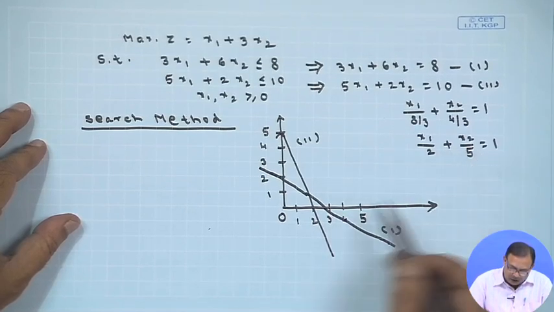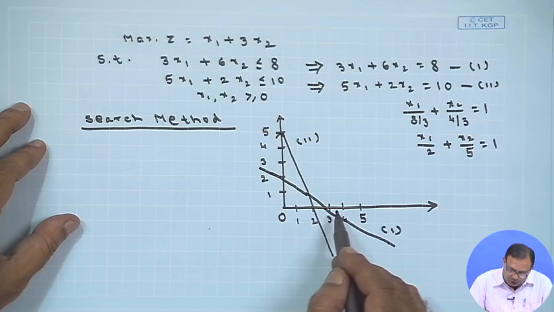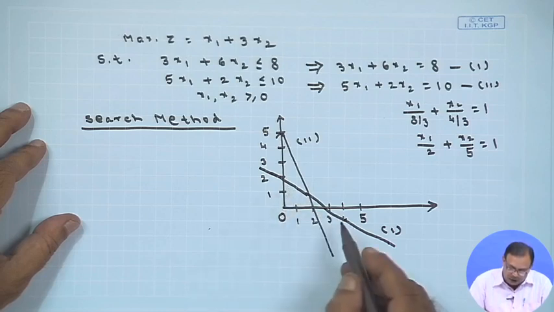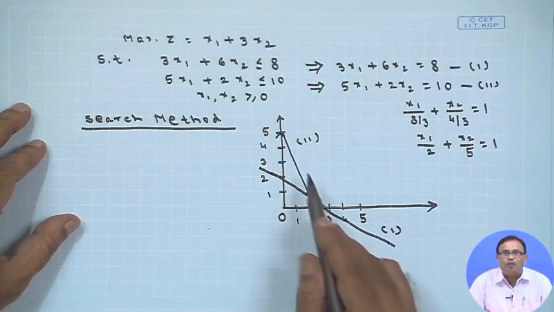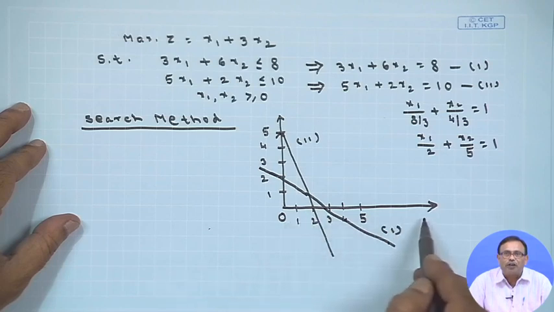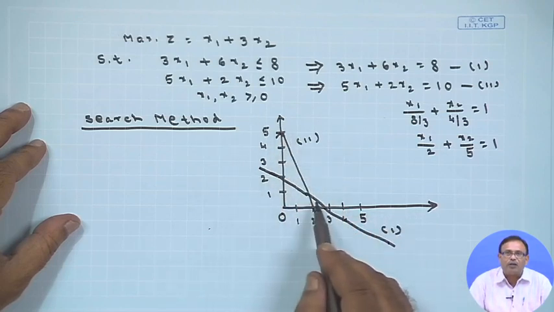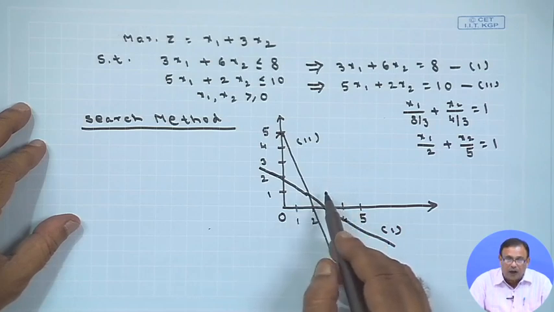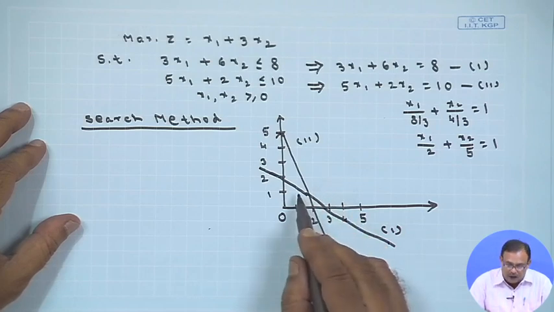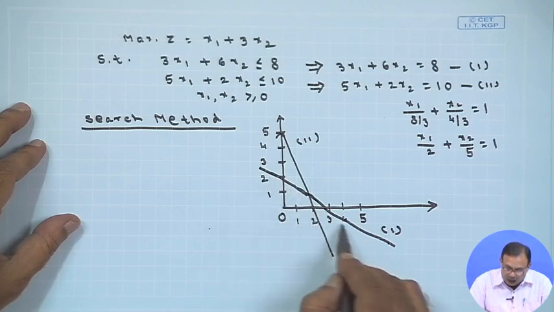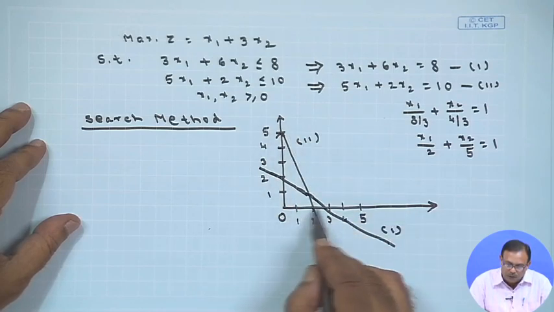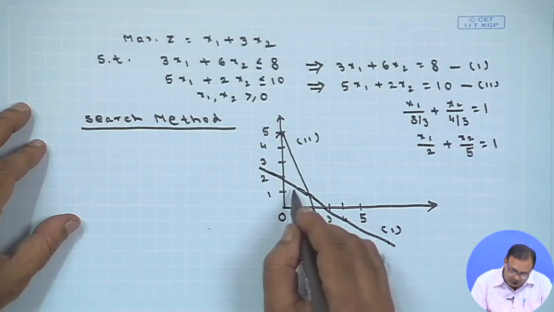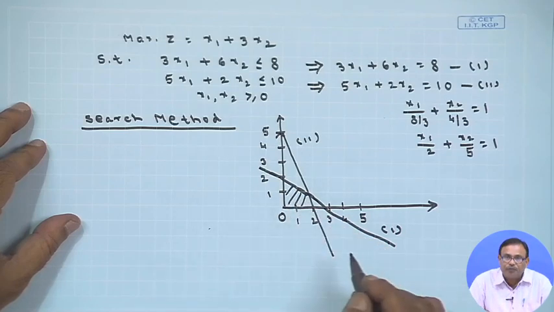Once you draw these, your feasible region is bounded by line 1, line 2, the x1 axis and x2 axis on the positive side.